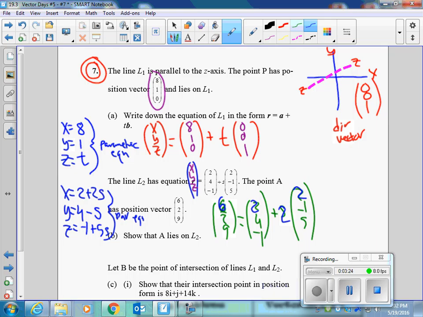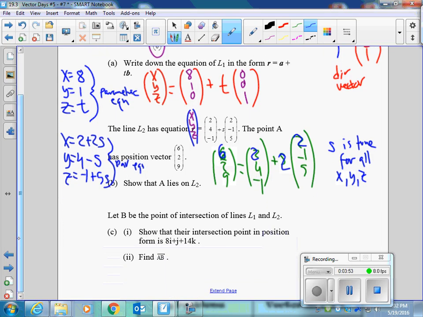Is 2 equal to 4 minus 2? Is 9 equal to negative 1 plus 10? Yes, so S is true for all X, Y, Z. Therefore, the point is on there. We showed that.